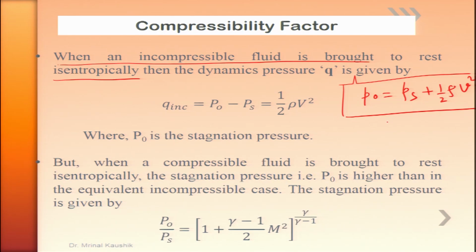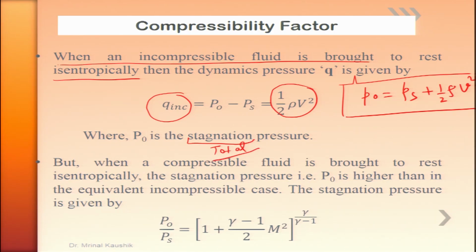Therefore, the Bernoulli equation takes the form P naught equals Ps plus half rho V square. This P naught minus Ps, which becomes half rho V square, is termed the incompressible dynamic pressure, represented as Q incompressible, the dynamic pressure experienced by the flow in an incompressible flow situation. Here P naught, rather than stagnation, we more precisely say is the total pressure, which we have seen from our fluid mechanics background.